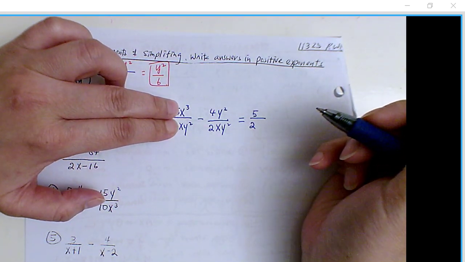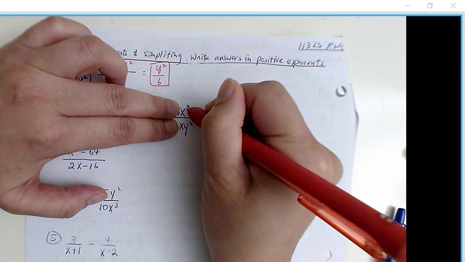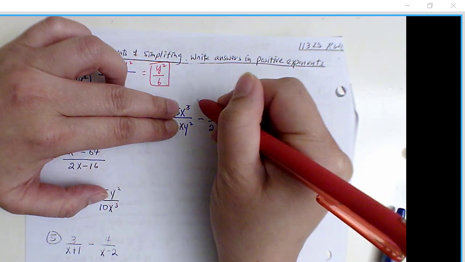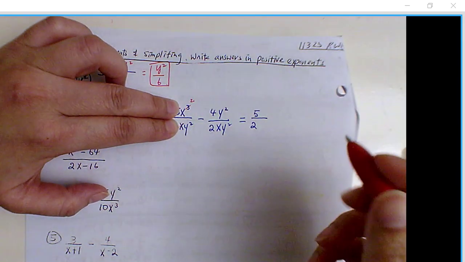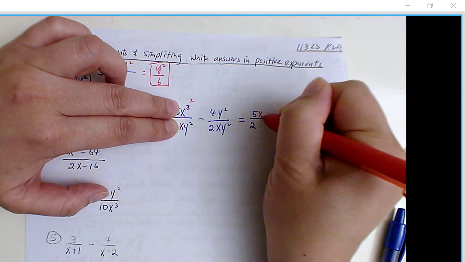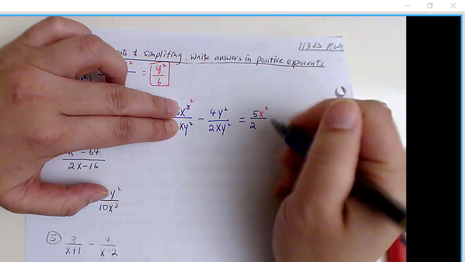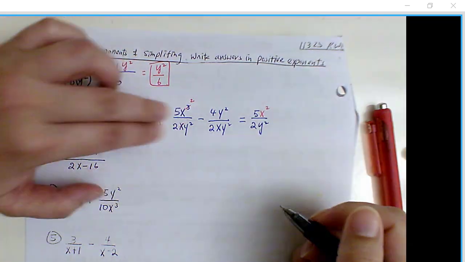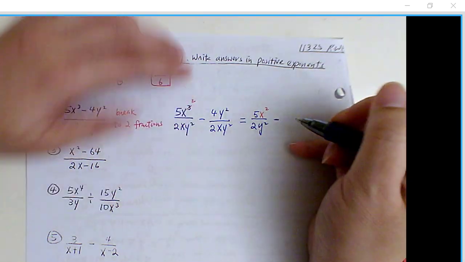Both of them have x, so if I get rid of 1x at the bottom, 1x on top, that will turn into what? 2 here. So this becomes x squared. And on the bottom, we have y squared. So that's the first term, and then we carry over the subtraction sign.